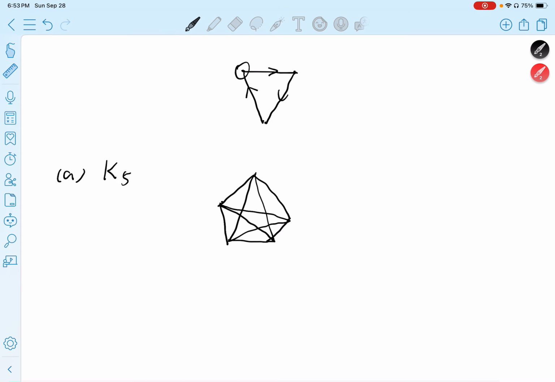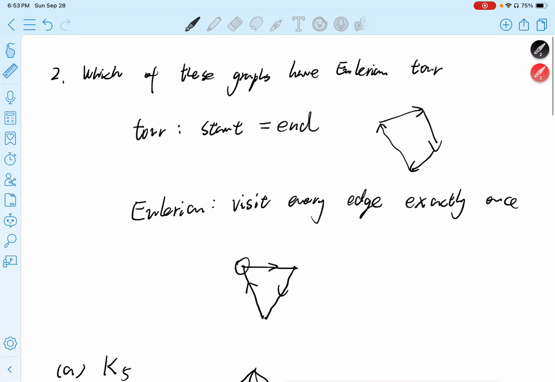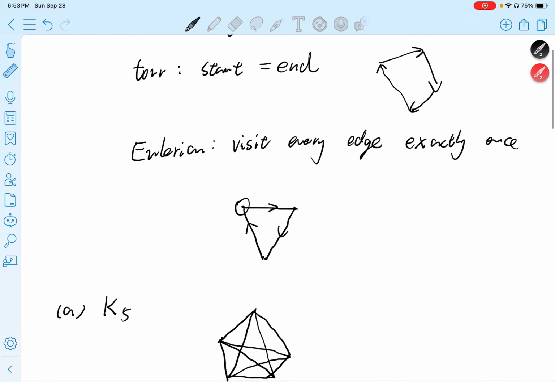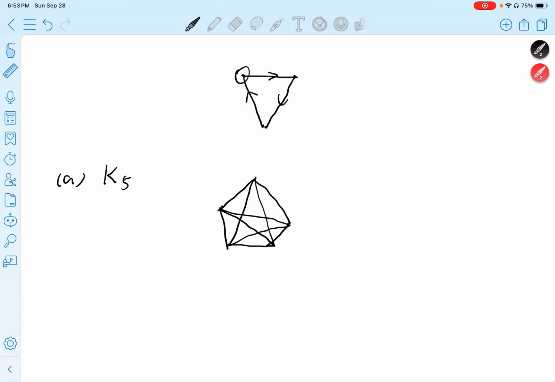Okay, so for Euclidean tour, a really important property is that in a graph which has a Euclidean tour, the degree of every vertex is even. You can think of why this is the case. For every vertex, for example the vertex A, if there's an edge going into it, then there has to be an edge going out of it, right?